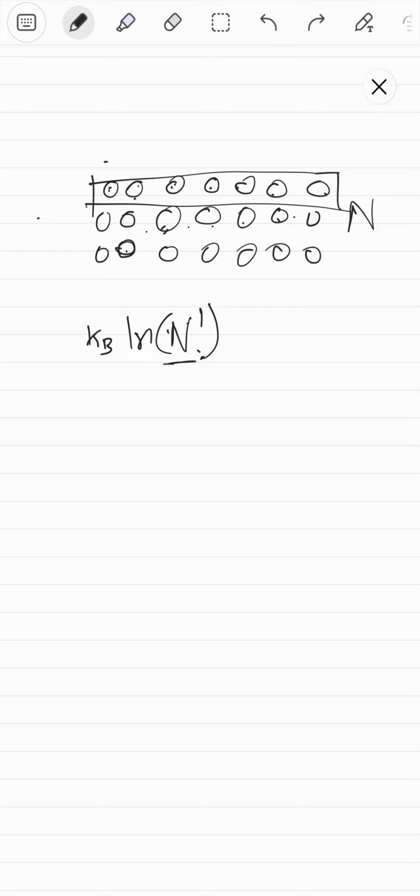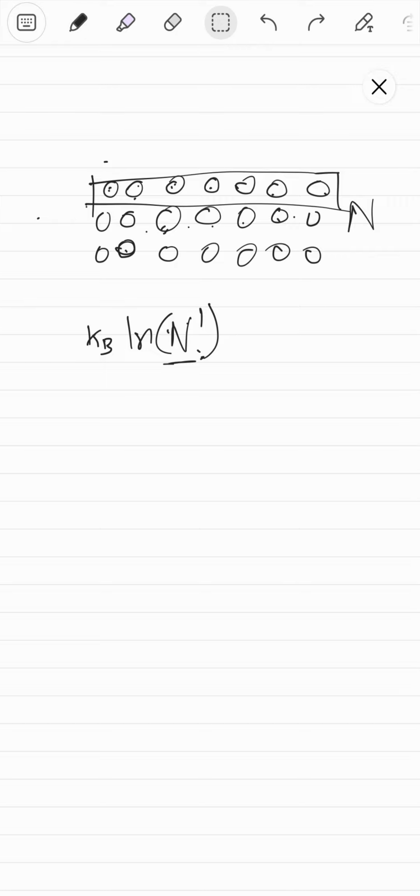Because of that, these states are more energetic, but these states are still distinct from all the other states, which means the entropy is still given by this, right?